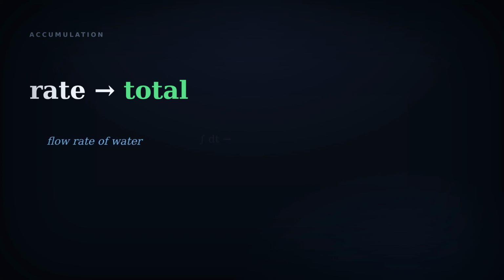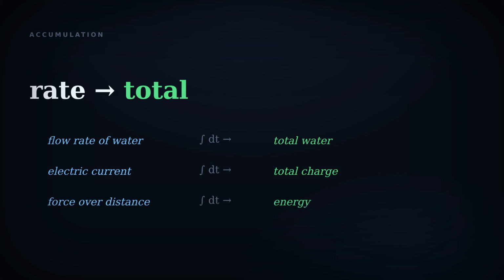Flow rate of water into a tank, integrated over time, gives the total water. Electrical current over time gives the total charge. Force over distance gives you energy. The integral is the tool for accumulation, for adding up a change in quantity to find the grand total. Area under a curve was just the first, most visual version of a much bigger idea.